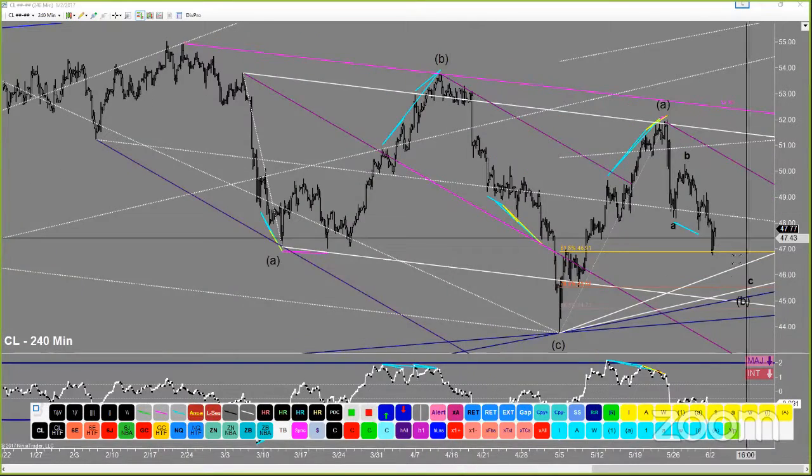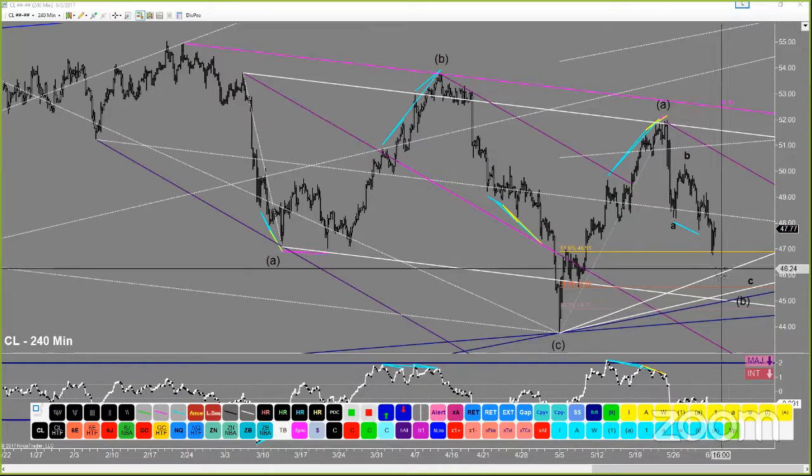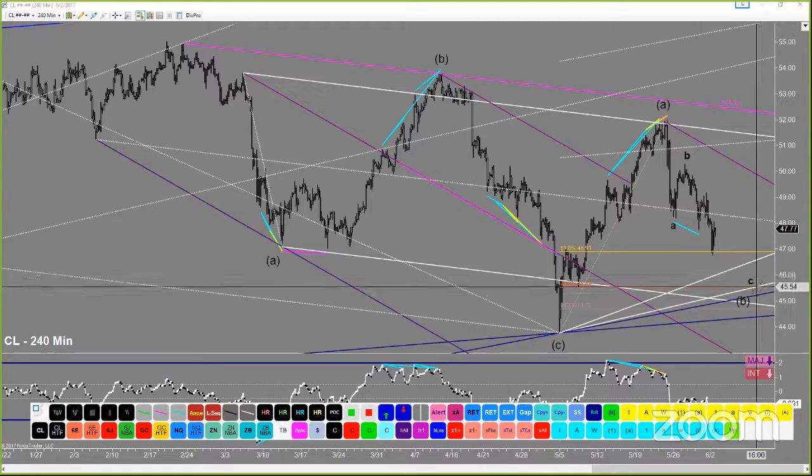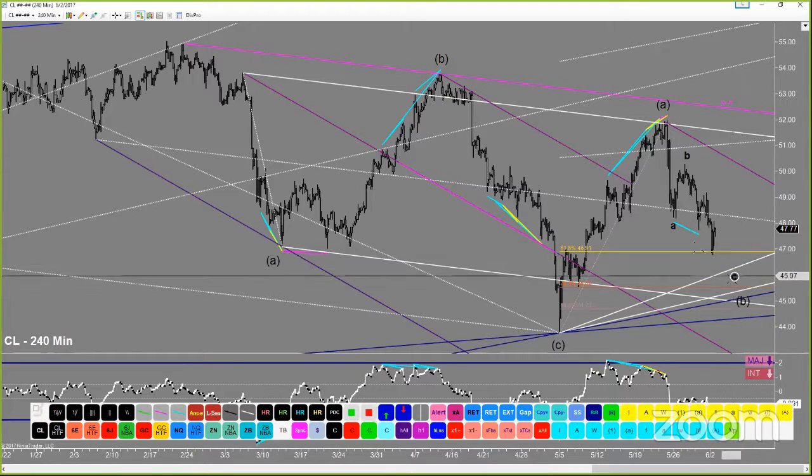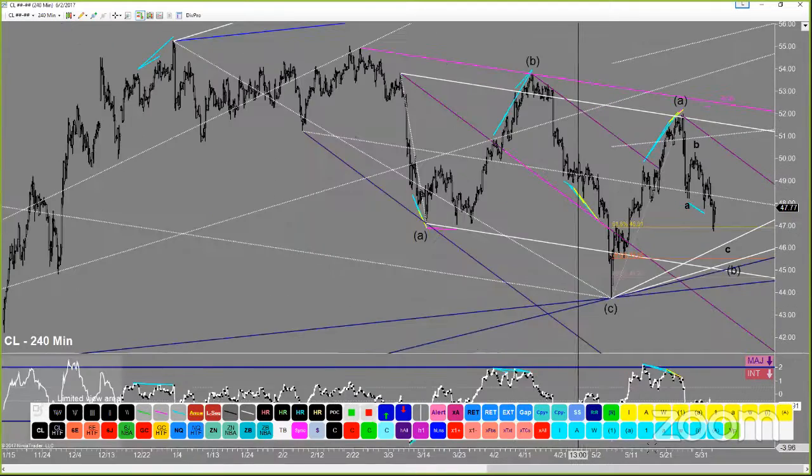So the better areas to look for support and expect the completed 3 waves down, to expect the end of this C wave, the first spot will be this upsloping lower median line, and that is drawn from way back.